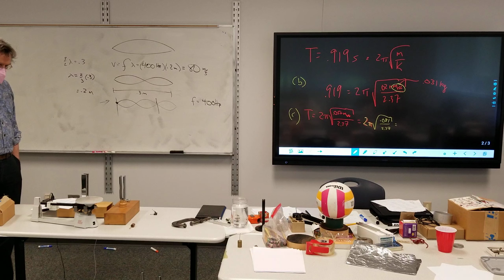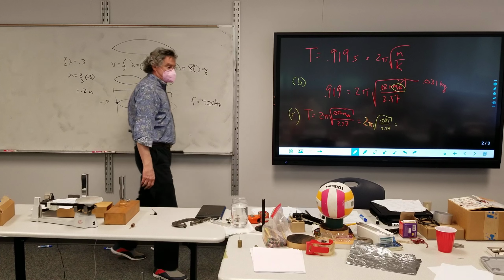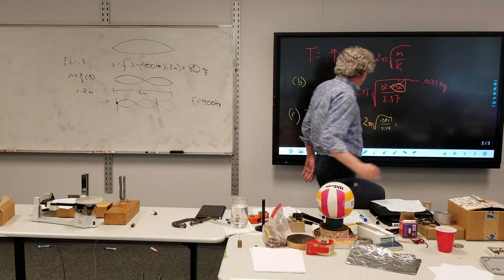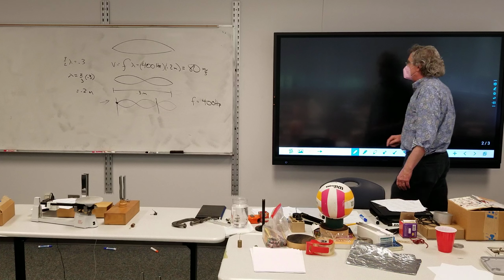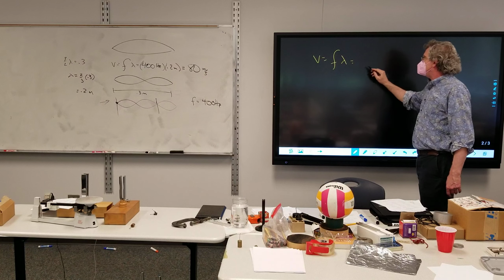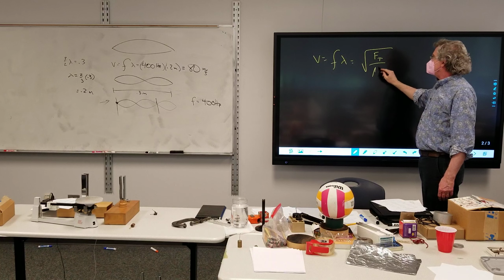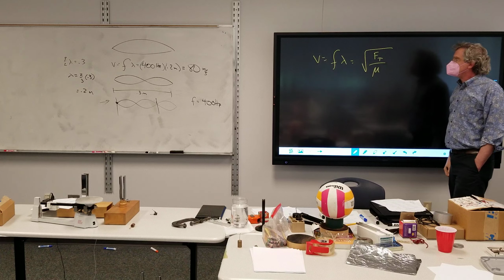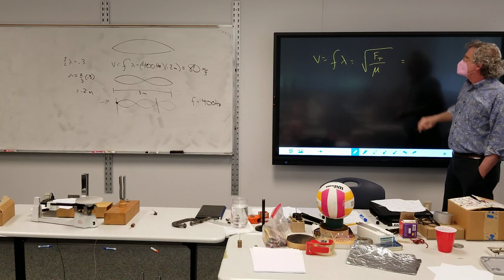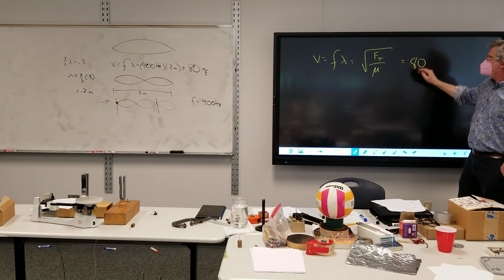Then the next part is exploiting the fact that we have 2 formulas to find the speed of the wave. The speed is frequency times the wavelength, and it's also equal to the square root of the tension over the linear density. We already found the speed, so it's equal to 80.